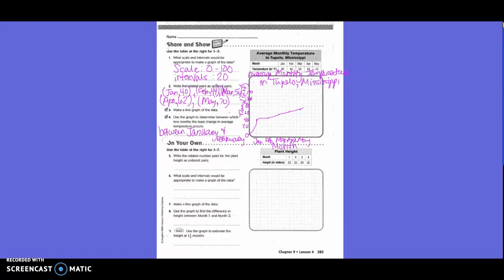Basically, they give us the chart, and we're just going to use all the information from it to create our X and Y axis, along with a label for our X and Y axis, then also a title for our chart, and then, of course, to graph the different points.